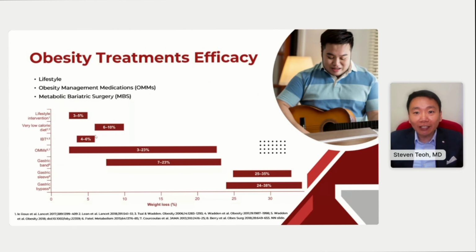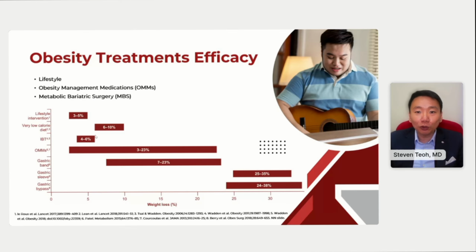Other than the obesity definition beyond weight, we now also try to change our views on the treatment outcomes. Just to recap some fundamentals in obesity management, there are three pillars of treatment. Lifestyle intervention, obesity management medication or OMMs, and metabolic bariatric surgery or MBS.